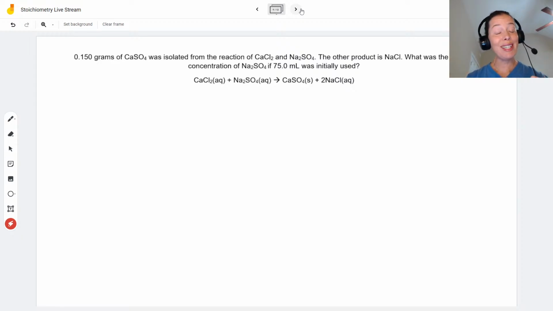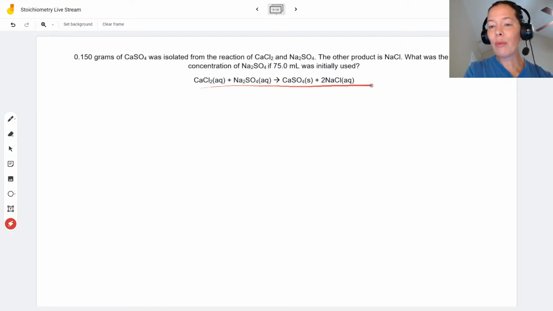Okay, so let's first, as usual, identify this as a stoichiometry problem. We were given grams of calcium sulfate, and we were asked for the concentration of sodium sulfate. So we've got two different molecules. We need a balanced chemical equation to go in between these. And here is our chemical equation. Let's just double check and make sure we are balanced, yes, we are, and we've got our states.